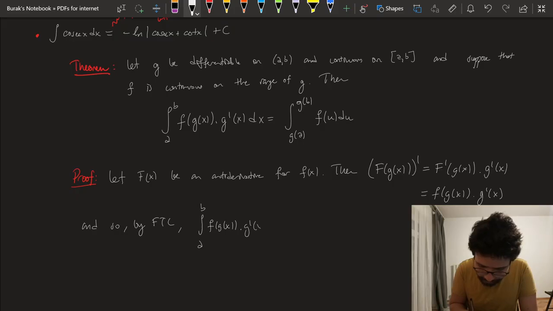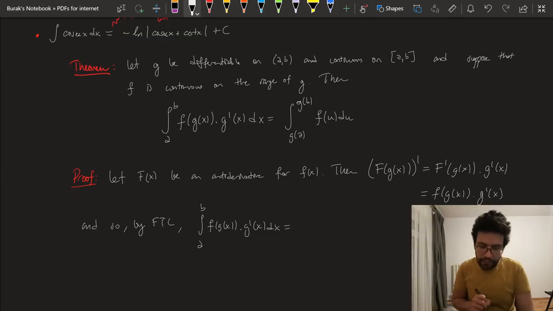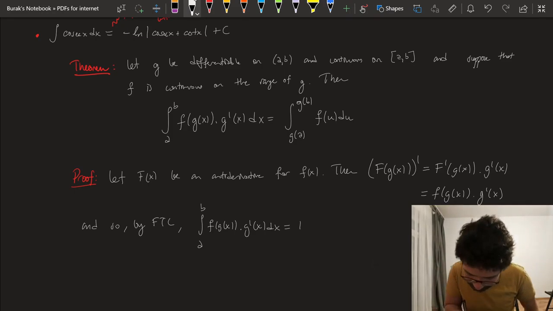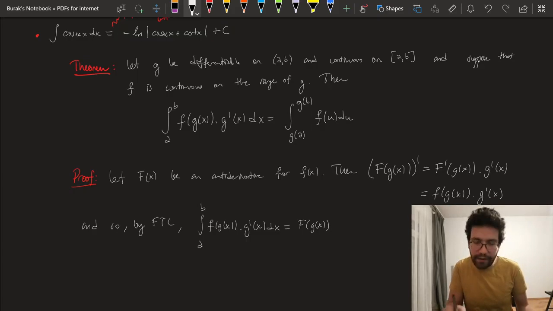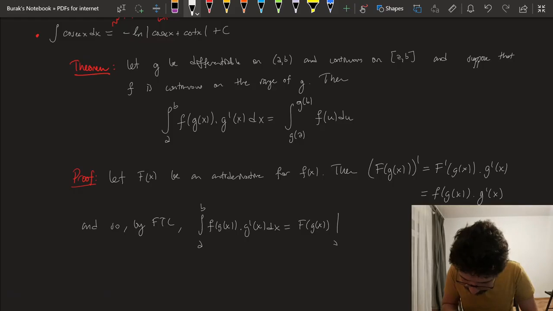How do I compute this definite integral? I find an antiderivative for this, evaluate at the endpoints, subtract. Well, this is my antiderivative because I just observed that it's an antiderivative. I took its derivative, I got my integrand. So I need to evaluate this from a to b. Okay, so this is F of g of b minus F of g of a, but this is the same thing as F of u evaluated from g of a to g of b.